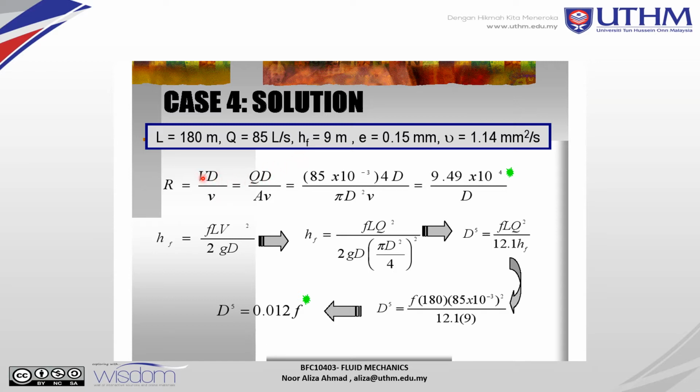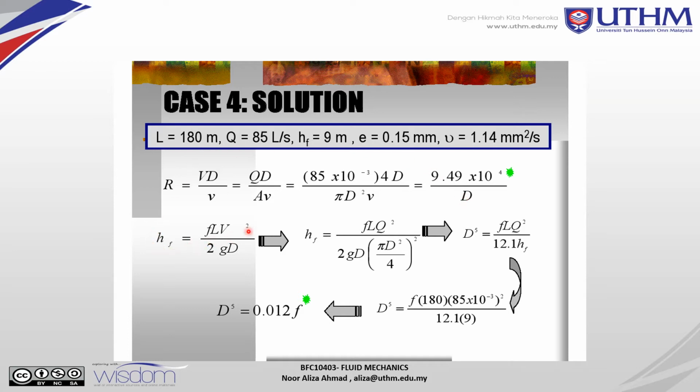Because we don't know the value of the velocity, they give you the Q, so you use Q over A times D over viscosity. From this you convert and just put in the values, so the Reynolds number is in terms of the diameter D.